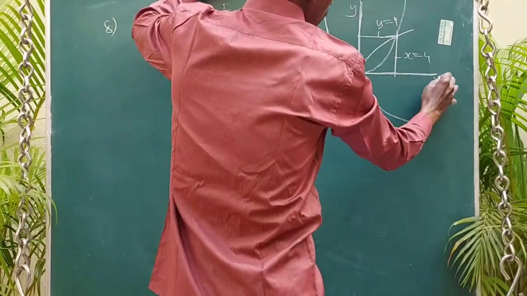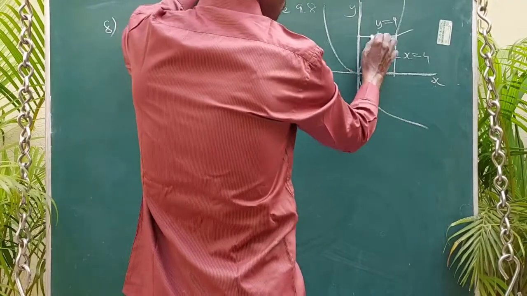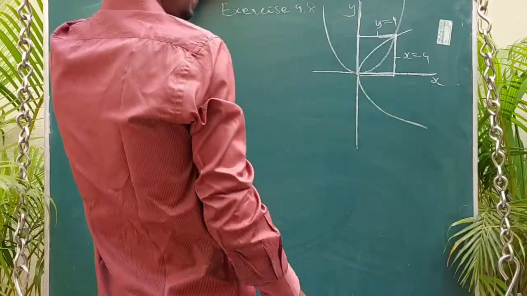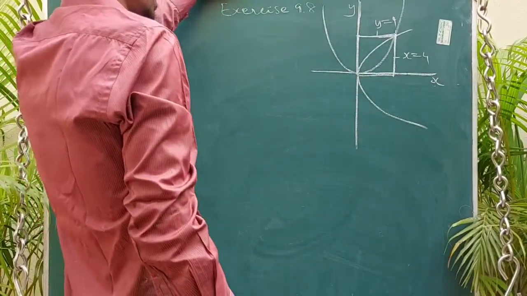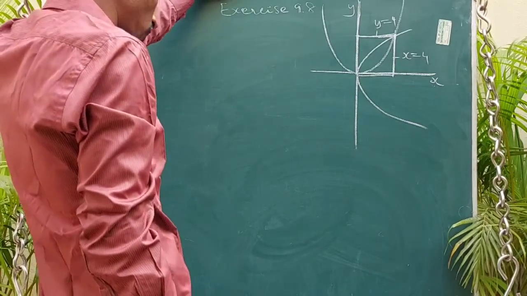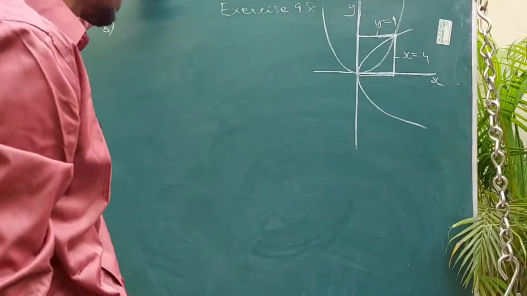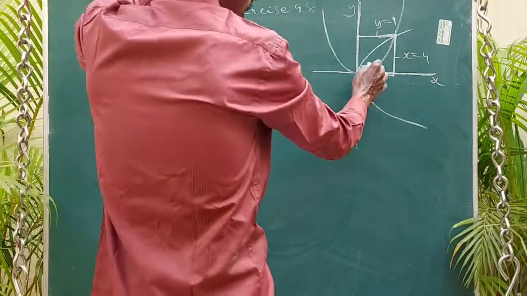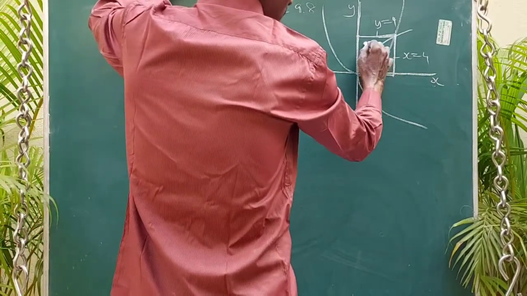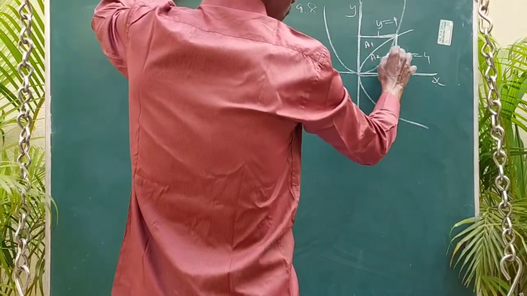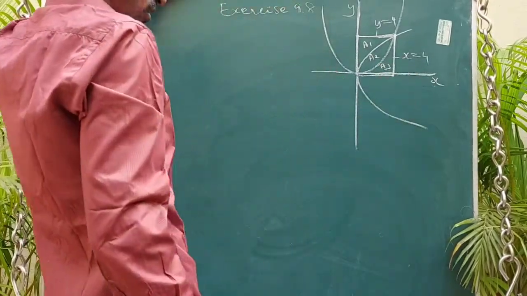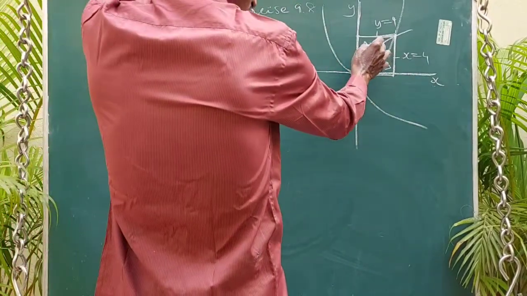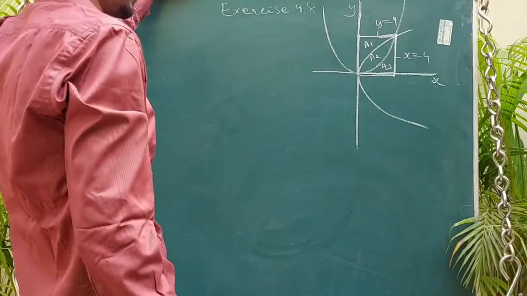This is y equal to 0, the x axis. So this is the square field. He wants to divide this square field into 3 equal parts for his wife, daughter and son. So now we have 3 regions, A1, A2 and A3. So our aim is to prove A1, A2, A3, all 3 are equal.